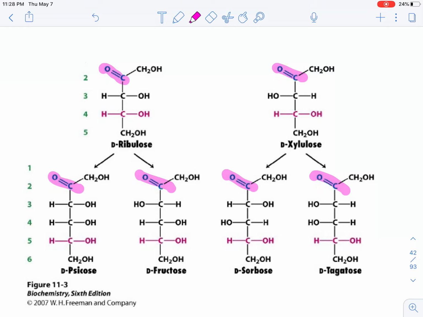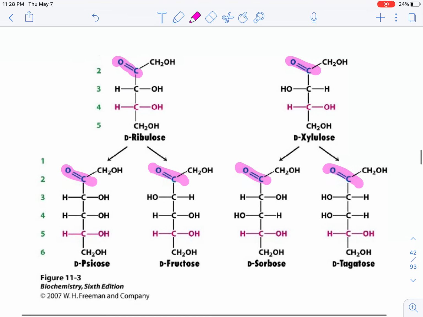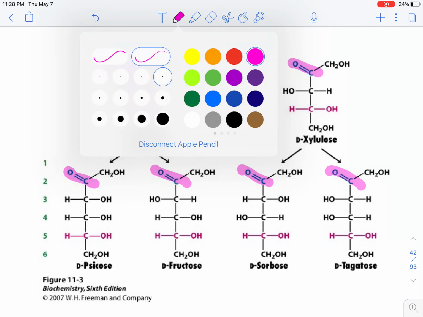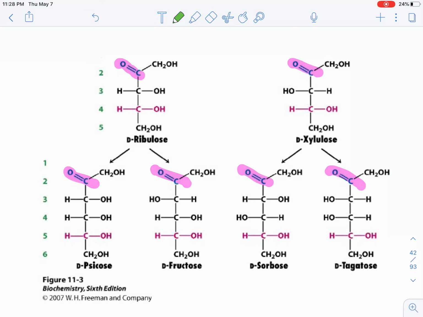So therefore, this is a ketone. So all of these ketones or ketoses, they're going to act as our point of reference.